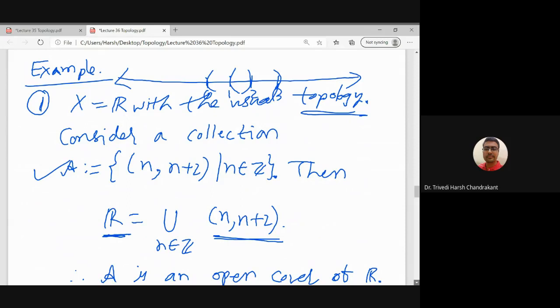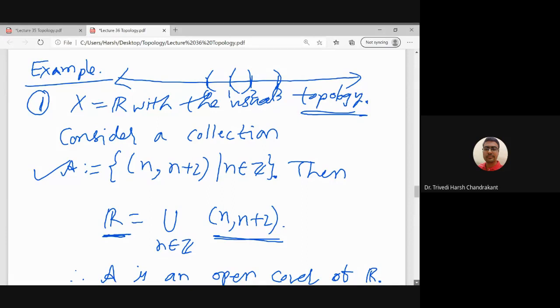If I want to prove that R is a compact topological space, then I have to show that for every open cover there is a finite subcover. But here I am choosing a particular cover, not an arbitrary open cover. So here we will show that R is not compact with respect to the usual topology.